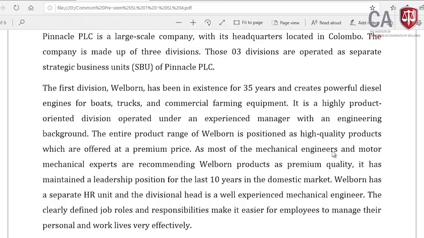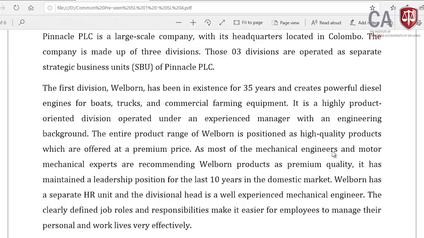The entire product range of Wellborn is positioned as high quality products, which are offered at a premium price. So, if you look at their strategy, what is the strategy they have focused on?